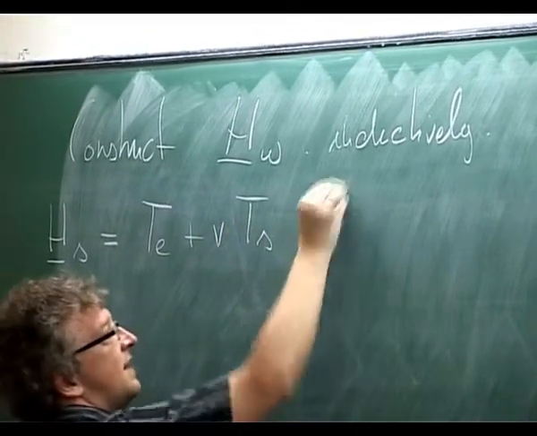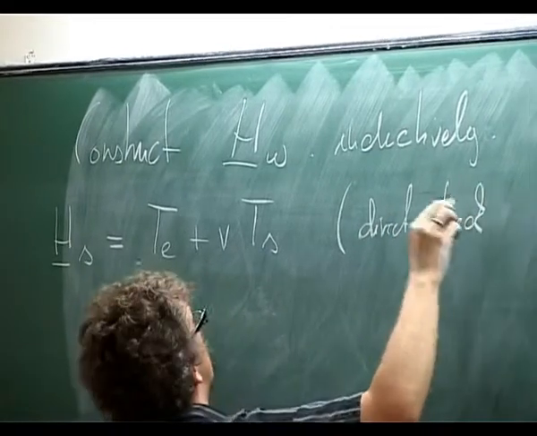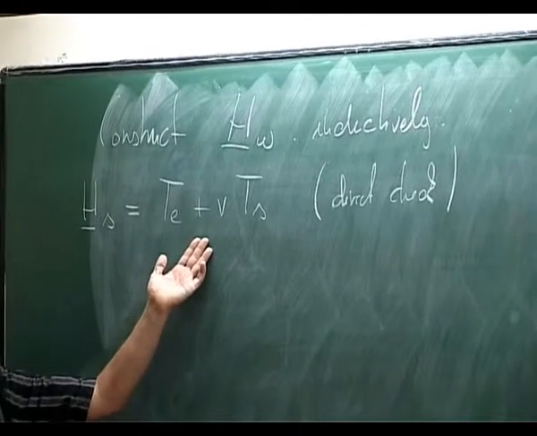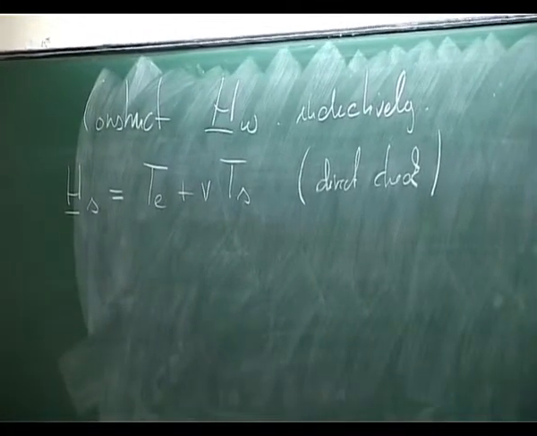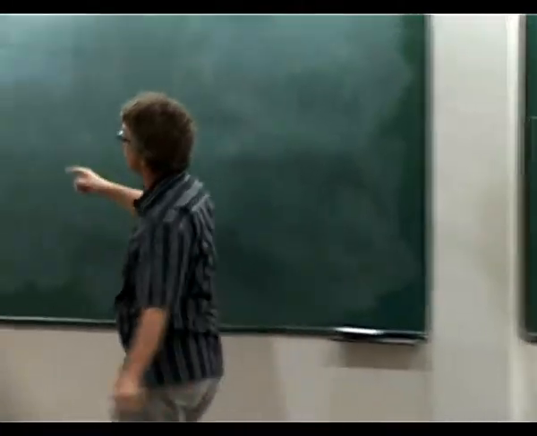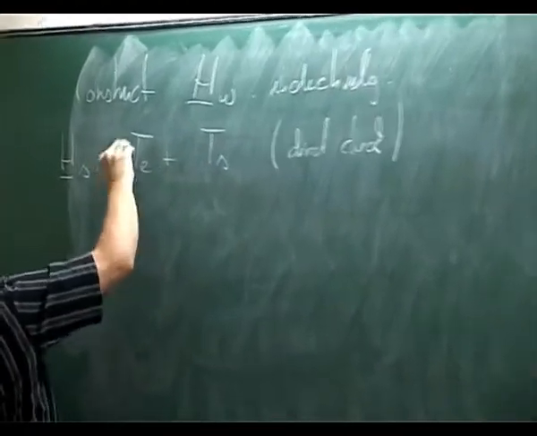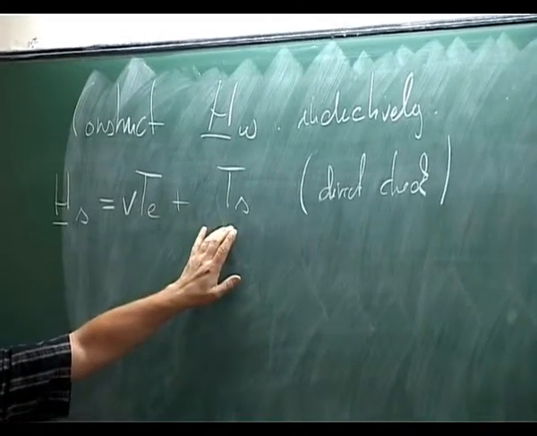So this is checked directly. You just have to make sure that it's self-dual. I mean, the second property is easy to check, right? Oh, sorry, I got it. So here, the v should be in front of T_e. It's T_s.